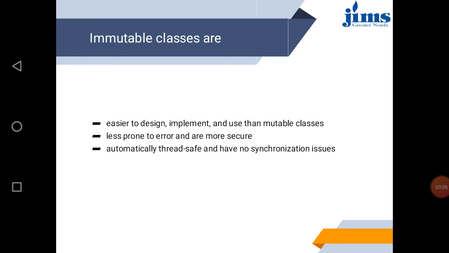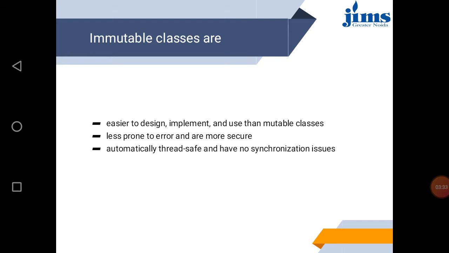Immutable classes are easier to design, implement, and use than mutable classes. They are less prone to error and are more secure. They are automatically thread safe and have no synchronization issues. So immutable classes are very easy to handle.